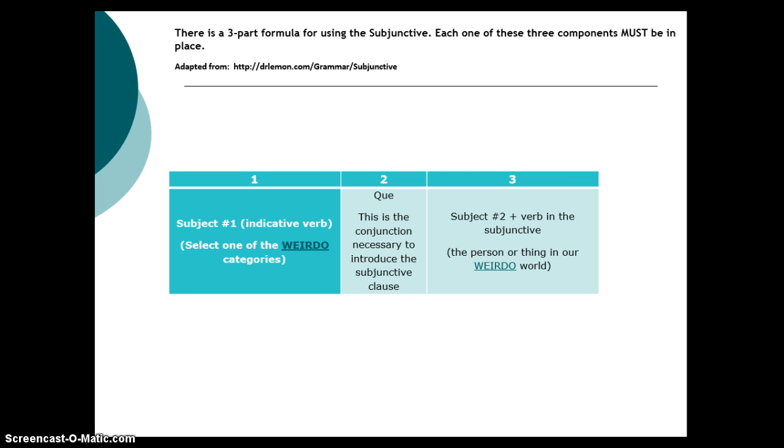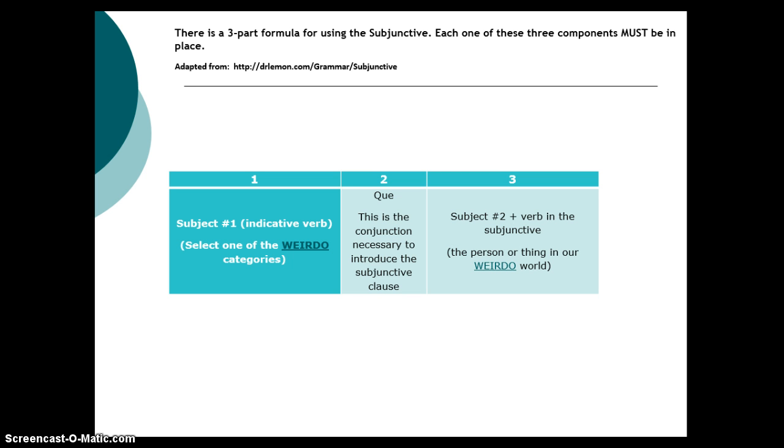So, wishing or wanting, emotion, impersonal expressions, recommendations, doubt, denial, or disbelief, or ojalá. Que in the middle, we have to have that conjunction in the middle to introduce the subjunctive part of the sentence, and then we have to change subject in part 3 and have a verb in the subjunctive.